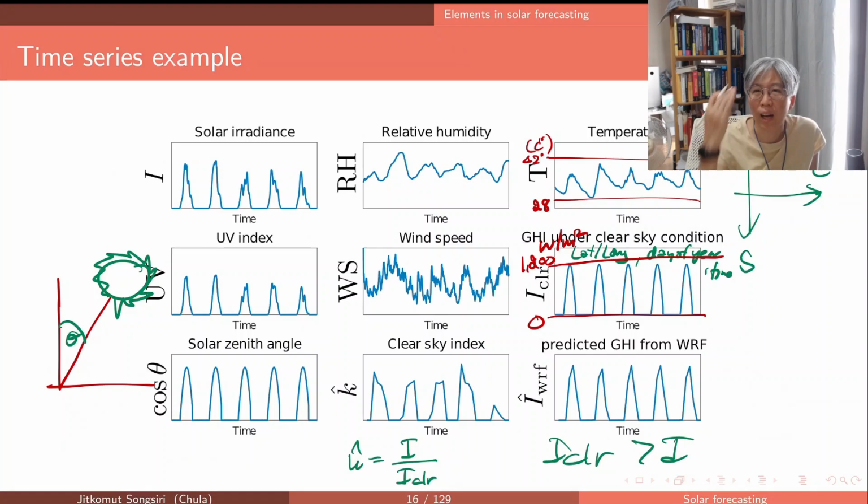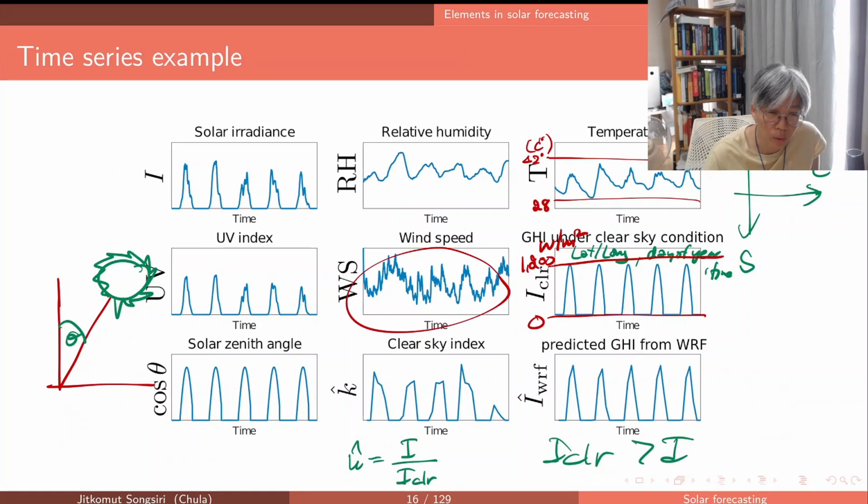Overall, when you see the time series of this thing, you see that a lot of variables have a daily cycle. They also have very unpredictable fluctuations along time. So we can say that typically these are not stationary at all.